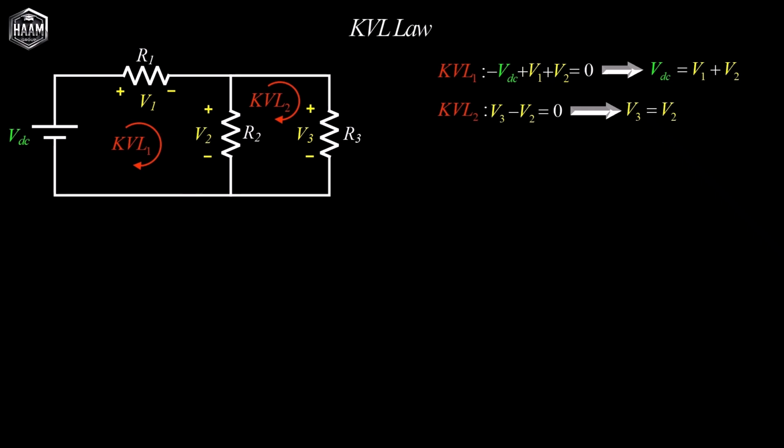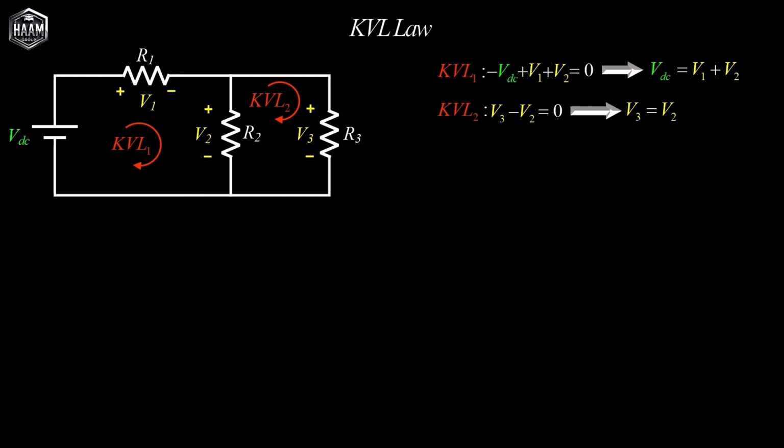This is actually where the well-known rule for parallel resistors comes from, namely that the voltage across two parallel resistors must be equal. This equality is a direct consequence of applying KVL. We can now continue the analysis.